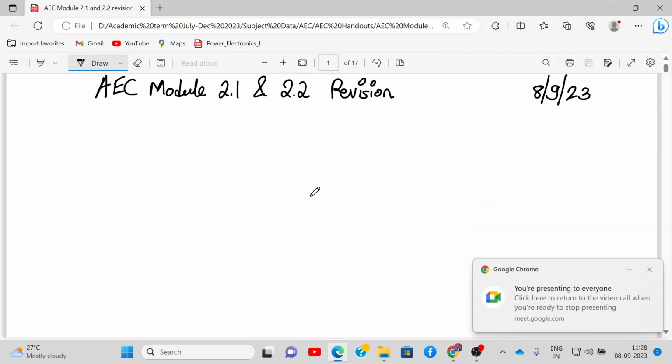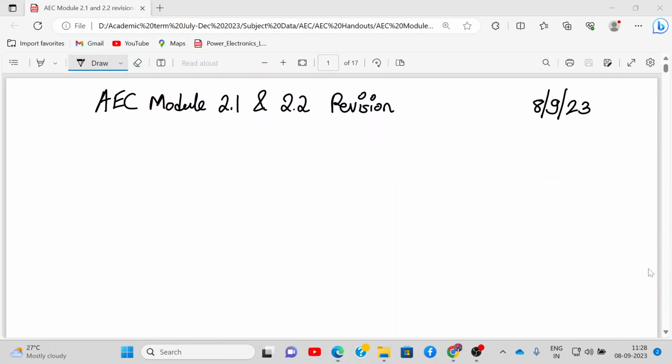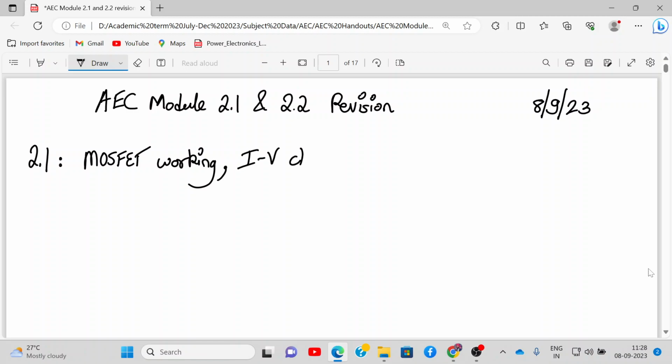Okay, fine. So we will be covering briefly 2.1, and 2.1 is all about MOSFET working, its IV characteristics, and its construction and types.